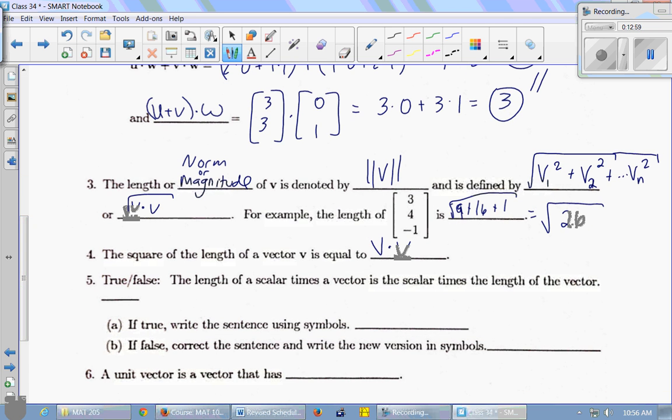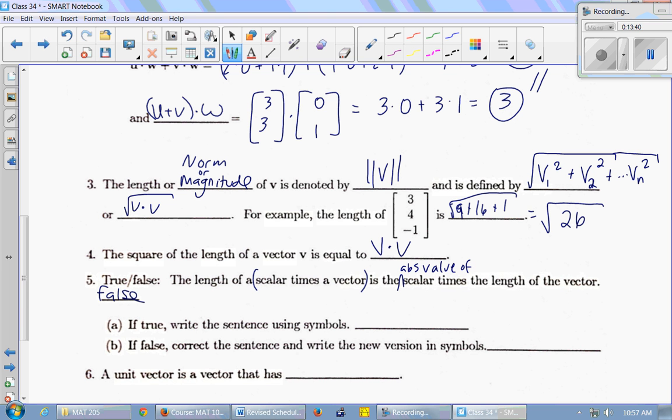True or false? The length of a scalar times a vector is the scalar times the length of the vector. Close. False. There's one small problem with this statement. If you have a scalar times a vector and you want to take the length of that thing, it's not the scalar times the length of the vector, it's the absolute value of the scalar times the length of the vector.